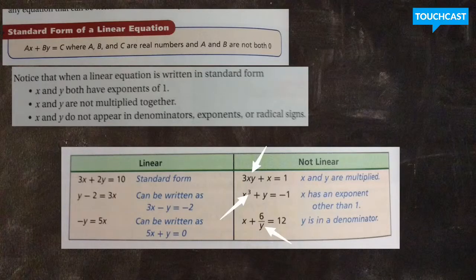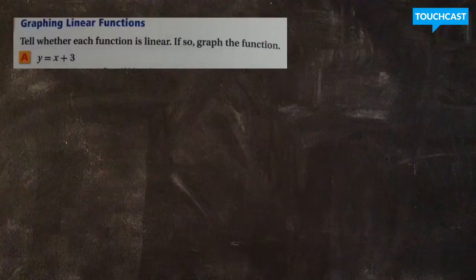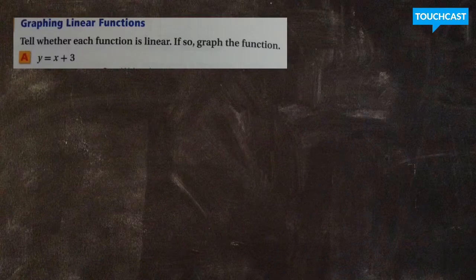So let's look at some examples and tell whether the function is linear, and if it is, we're going to graph it. Alright, we need to decide if y equals x plus 3 is a linear function, and if it is, we're going to graph it. So to do that, we're going to start by writing it in standard form.